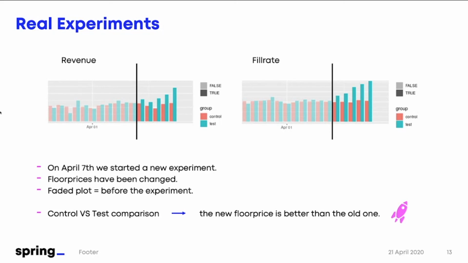I don't know exactly which color that is, but we can see that the blue part for both of these KPIs is higher than the red one. The red one is basically our synthetic control, so what would have happened to the placement without the change of the floor.